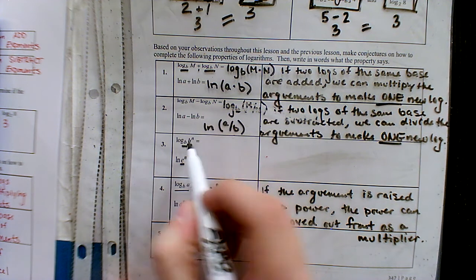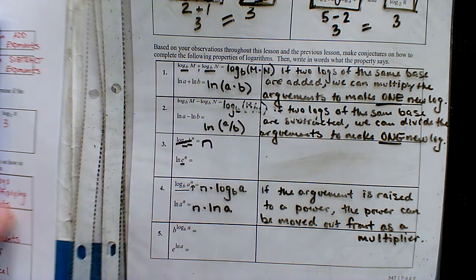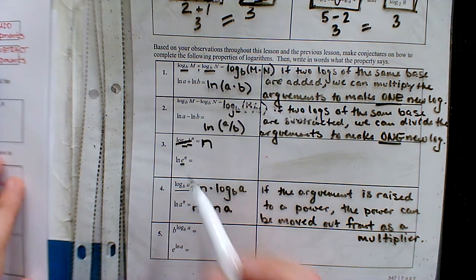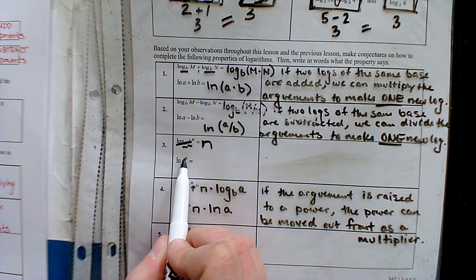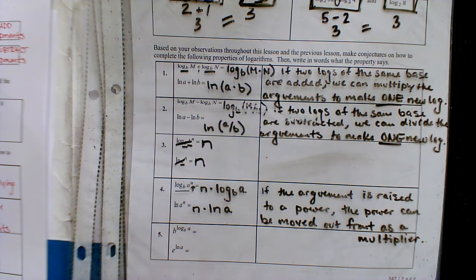They undo each other. So in this case, we're going to cancel those out, and it seemed like we're left with that power of n. The same thing happened for this natural log example, where we were left with n as well.